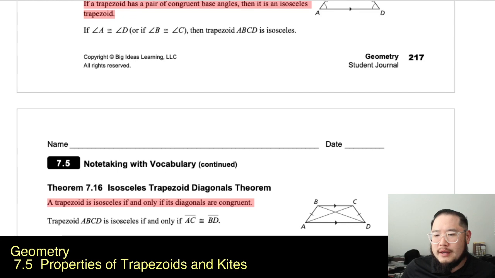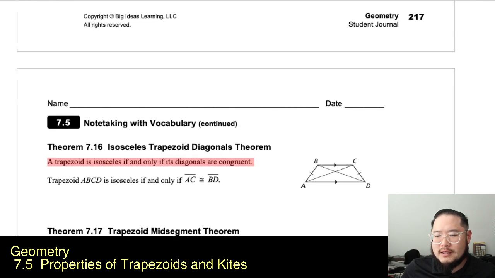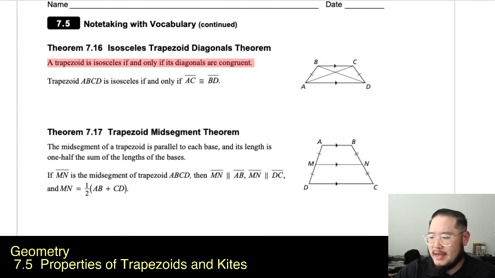Let's go ahead and move on to theorem 7.16. We have the isosceles trapezoid diagonals theorem. And remember, when it comes to diagonals of a trapezoid in general, we don't really know anything. It's not like a kite where we said the diagonals are perpendicular. The isosceles trapezoid diagonals theorem says a trapezoid is isosceles if and only if the diagonals are congruent.